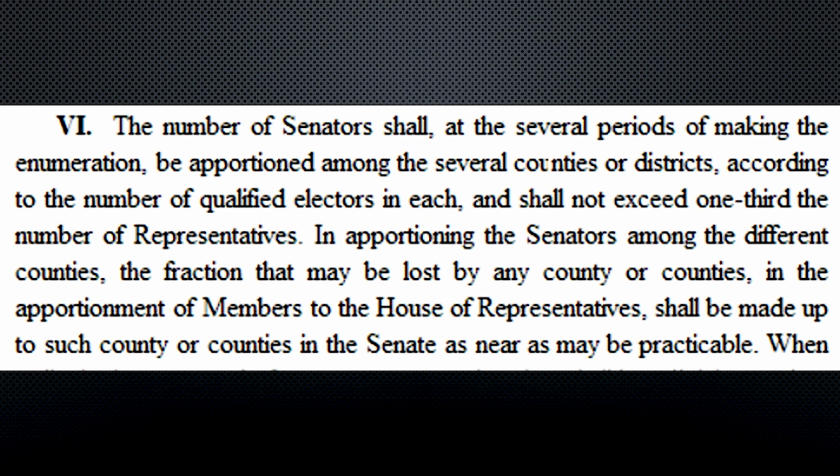And in apportioning the senators among the different counties, the fraction that may be lost by any county or counties in the apportionment of members to the House of Representatives shall be made up to such county or counties in the Senate as near as may be practical. If a county didn't have adequate representation in the House, it was to get extra representation in the Senate.